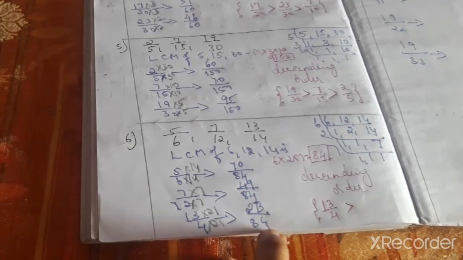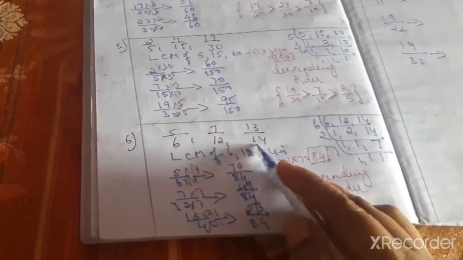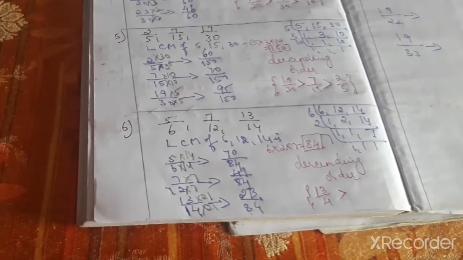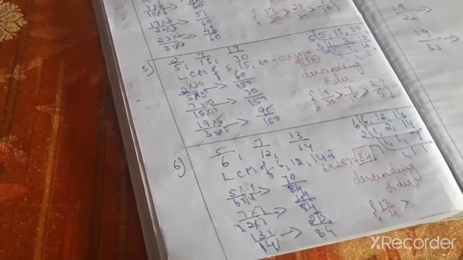So here the mistake is: for 13 by 14, what I have written here is 4. So it means it is 14 sixes. So here I made one mistake. That is, 14 means it will change.